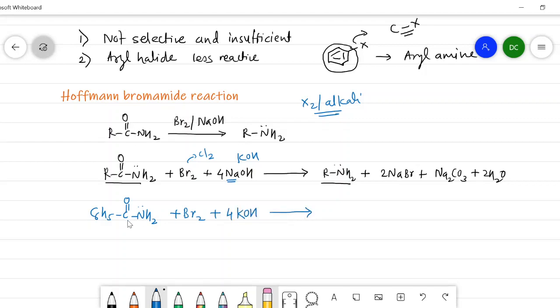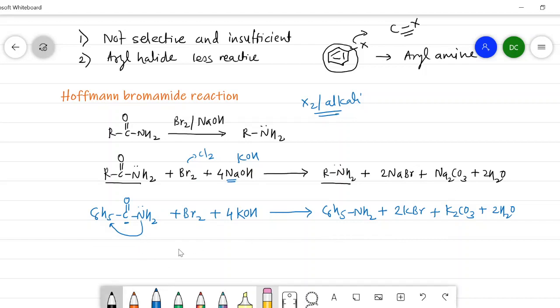Then we have to remove this CO group and the NH2 group is joined to this C6H5. Therefore C6H5NH2 we get. Then 2 KBr plus K2CO3 plus 2 H2O. These are the byproducts obtained in the Hofmann bromamide reaction.